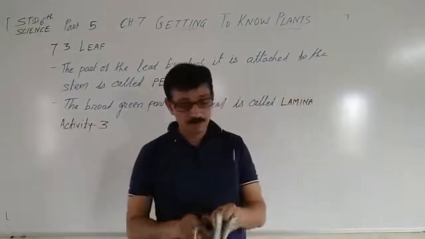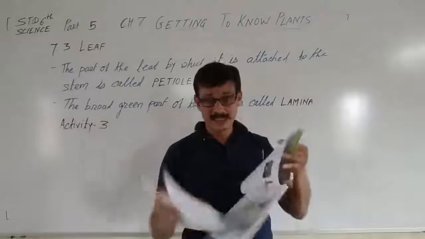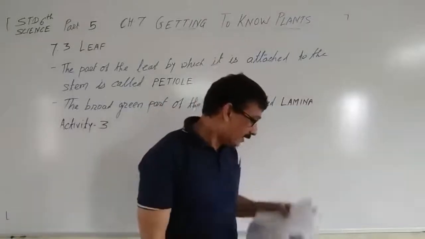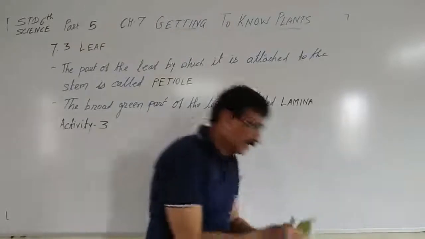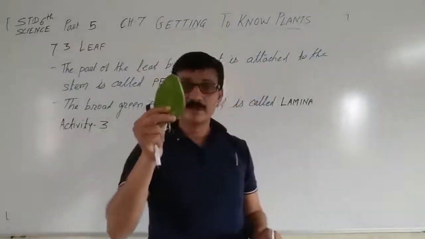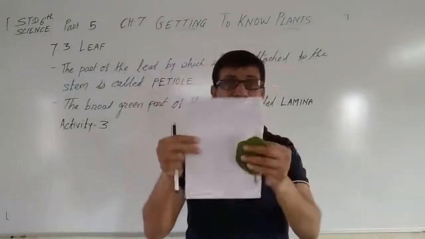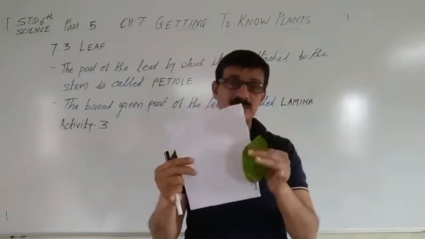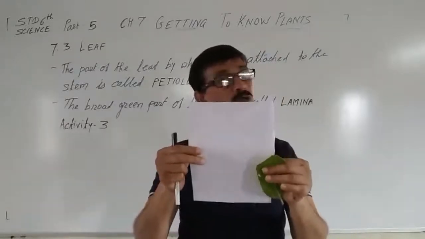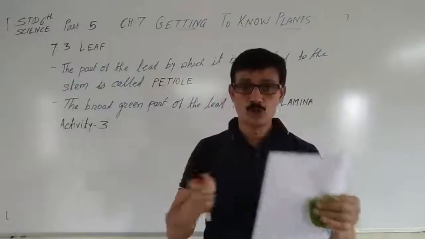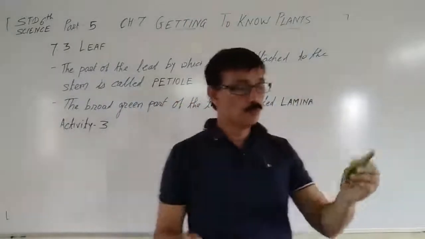See, I have a white paper, and take any leaf. I have taken this banyan leaf and a white paper. You can do this in your book or in your notebook also. But to show you, I have this, and take a pencil. Now what you will do?